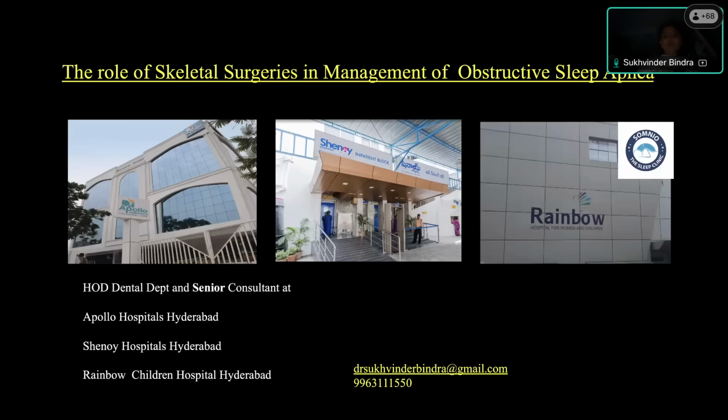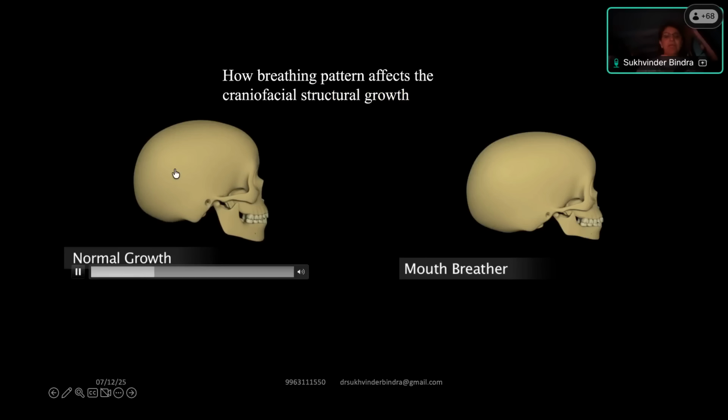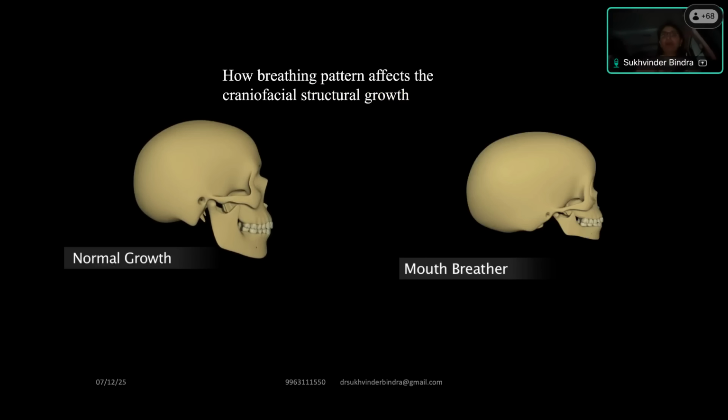So I will start from this slide. As human beings, we are obligate nasal breathers. We are not designed to breathe from the mouth, but due to any obstruction in the nose, which could be adenotonsillar hypertrophy, DNS, or turbinate hypertrophy, the breathing pattern changes.